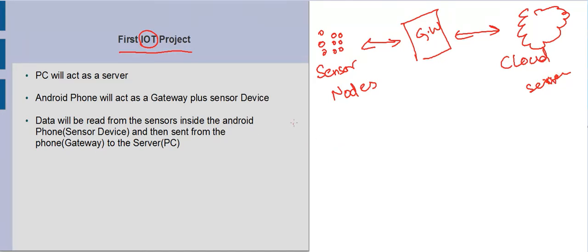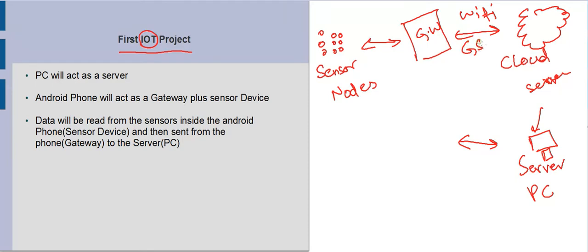In our case, we are going to use our personal computer as the server. The server is going to be our PC, and our gateway is going to be our Android phone, because normally there is Wi-Fi, or, as we said, Wi-Fi or GSM or UMTS communication between these two.